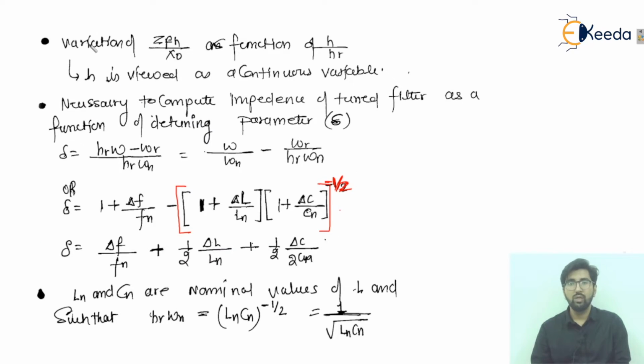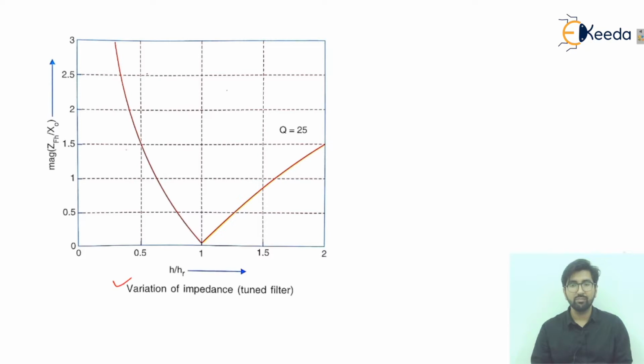Now if we talk about the variation of ZFH upon X naught as a function of H upon HR, then we will see this kind of curve. The x-axis represents the H by HR ratio, and the y-axis represents ZFH upon X naught.